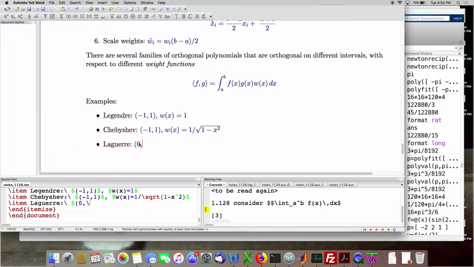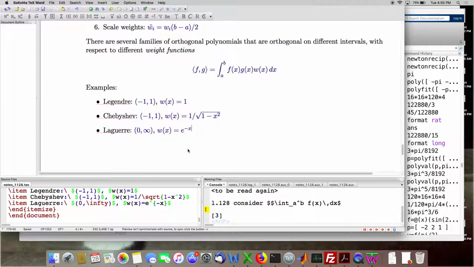So 0 to infinity, and the weight function is e to the minus x. Because a polynomial would normally not be integrable on 0 to infinity because it goes off to infinity. You're not going to have a finite area under a curve. But if you multiply it by e to the minus x, it's going to 0 more rapidly, so that integral is well defined.